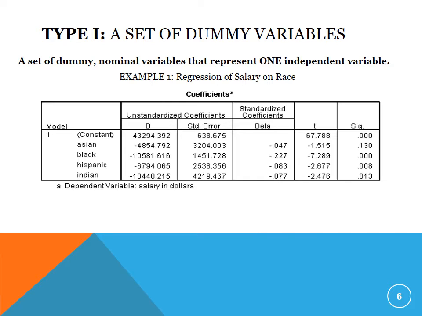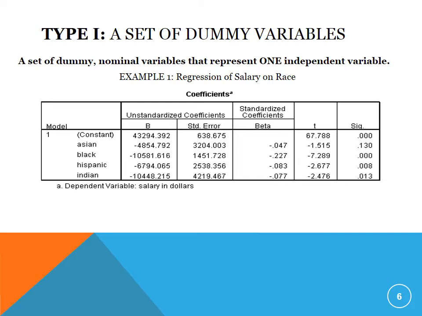Our independent variable, really we just have one independent variable, right? And it's race. But we cannot have race as just one variable. We have to split it up into dummy variables, because imagine that we had the variable race listed here, right?